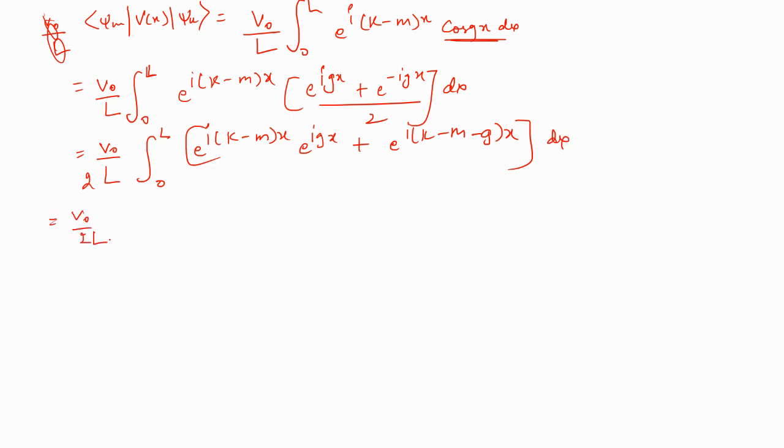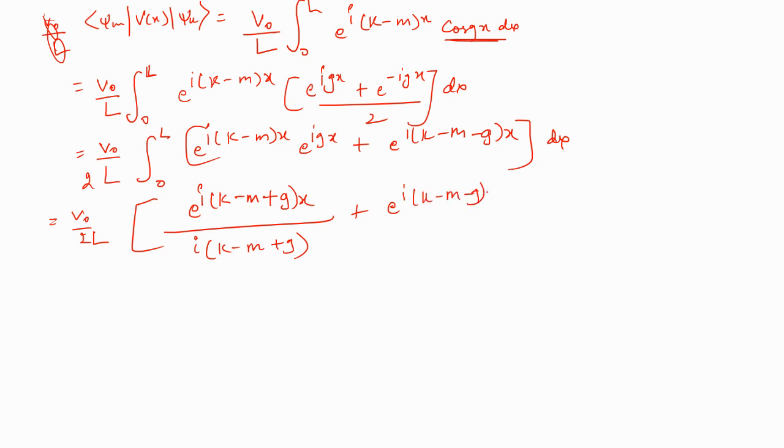V naught by 2L is equal to, now solve this, e raised to the power iota k minus m plus g x upon iota k minus m plus g, then again e raised to the power iota k minus m minus g x upon iota k minus m minus g.